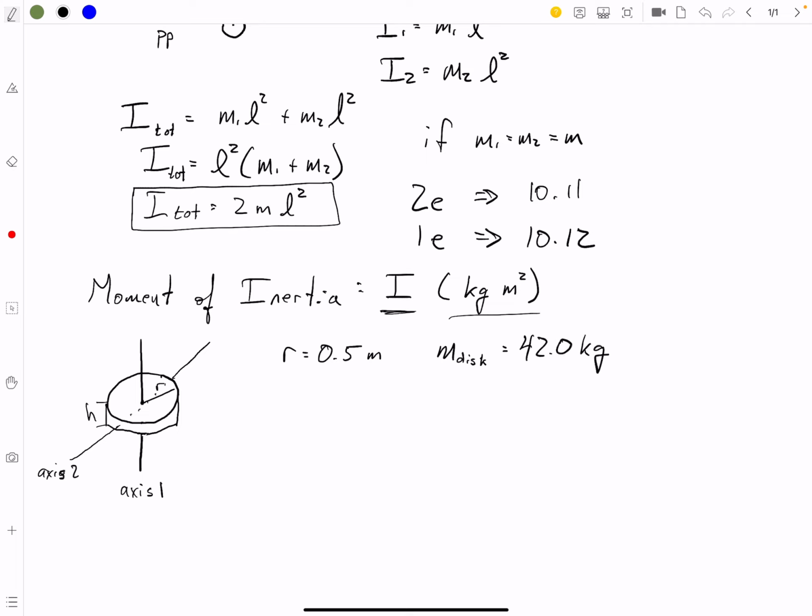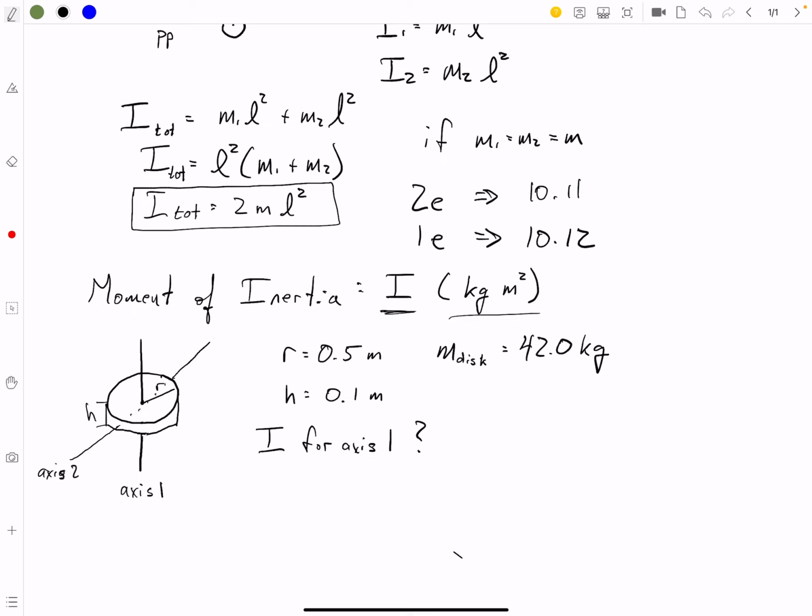So it's big. It's big and heavy, right? The thickness, h, is equal to 0.1 meters. So 10 centimeters. All right, so what is the I for axis 1?